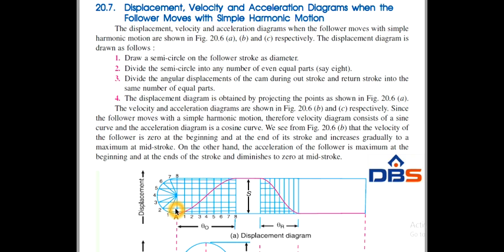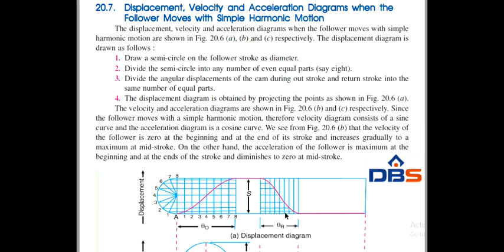Then divide the angular displacement of the cam during the outstroke and return stroke into the same number of equal parts as we divided the stroke diameter, that is 8 and here also 8.